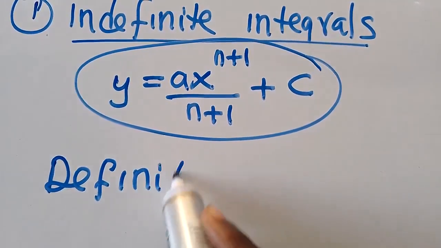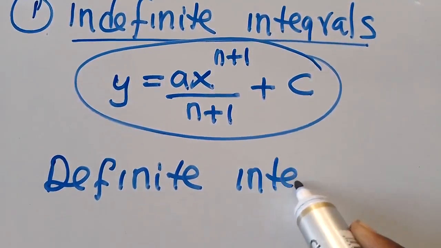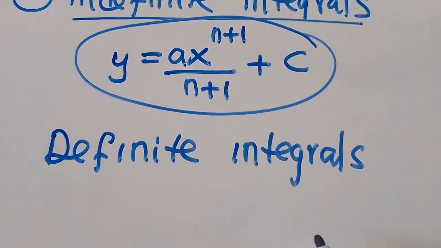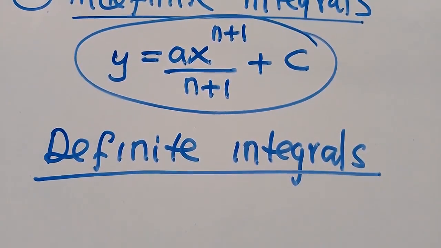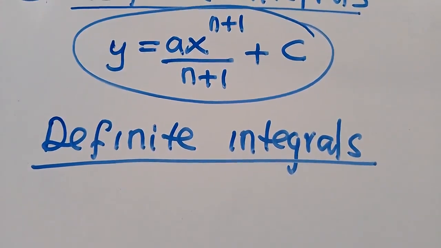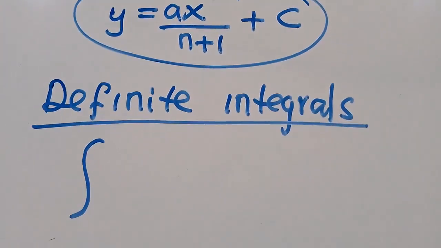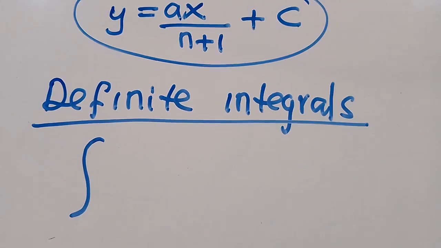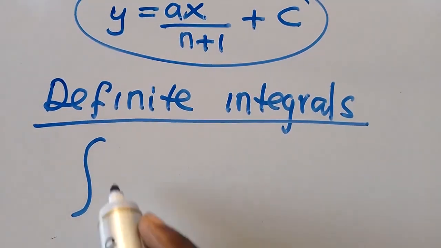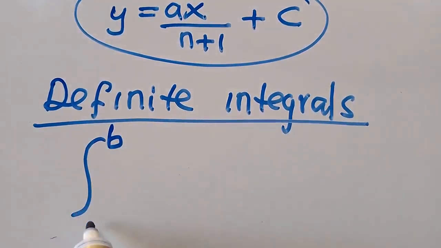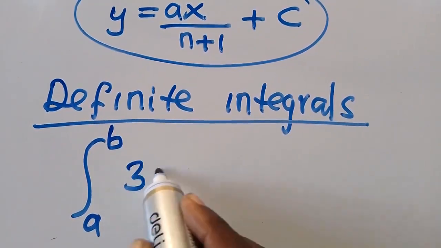Then we talked about the definite integral, which is the last one that we did. Definite integrals, this is where you've got integrals with limits. So where we've got the upper limit there, then the lower limit, then we've got a function here, like 3x.